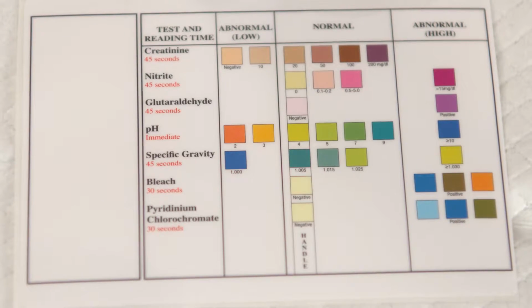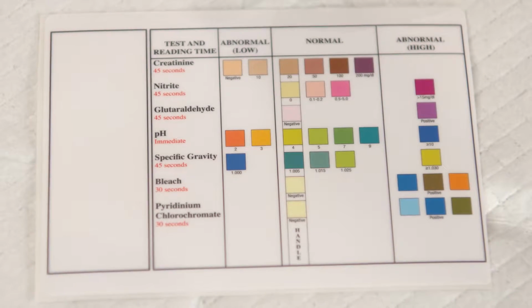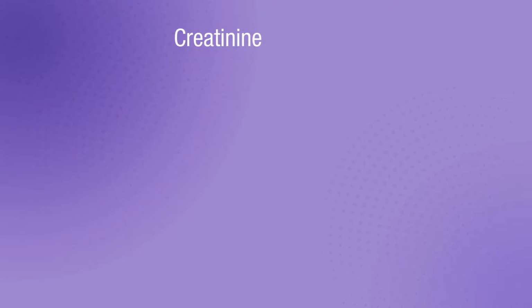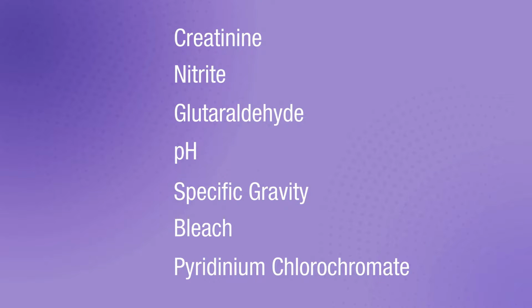The adulterant strip tests for different substances, each showing results within a different time frame. Look at the laminated color card provided by the CCC for specific time frames for each tested item. The adulterant test strip will test for the following: creatinine, nitrite, glutaraldehyde, pH, specific gravity, bleach, pyridinium chlorochromate.